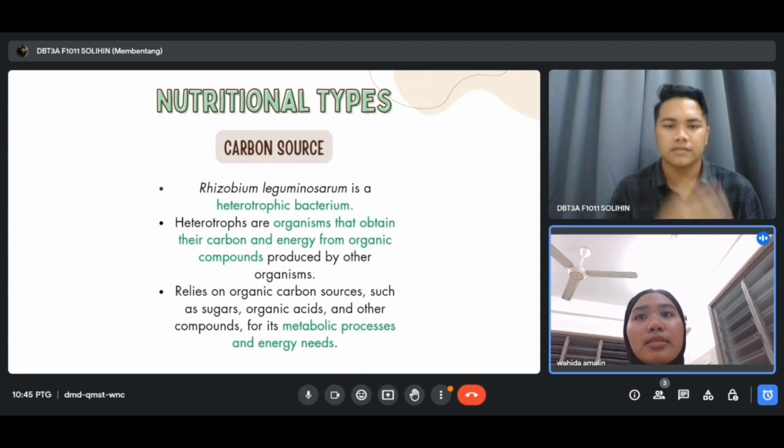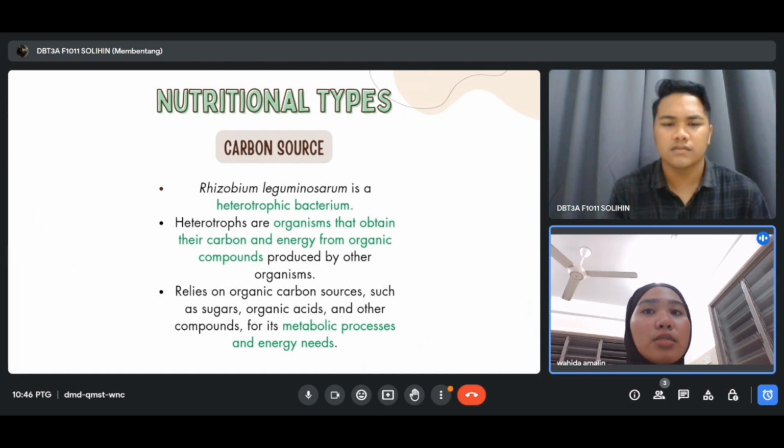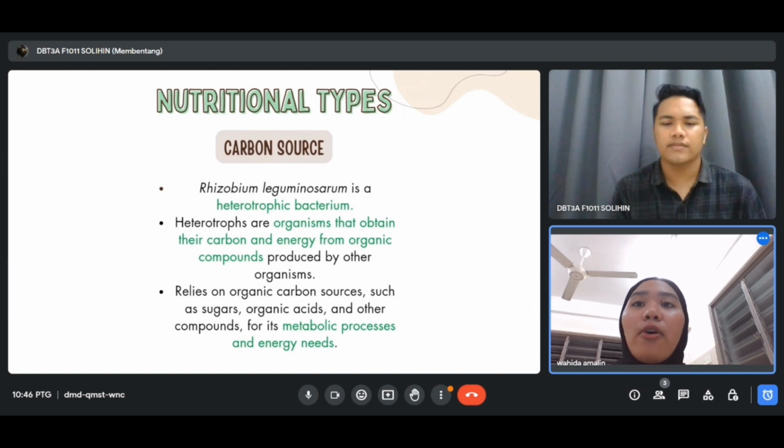A heterotrophic bacterium is an organism that obtains its carbon and energy from organic compounds produced by other organisms, like the decomposition of dead animals. This bacterium uses organic carbon sources such as sugars, organic acids and other compounds for its metabolic process and energy needs.